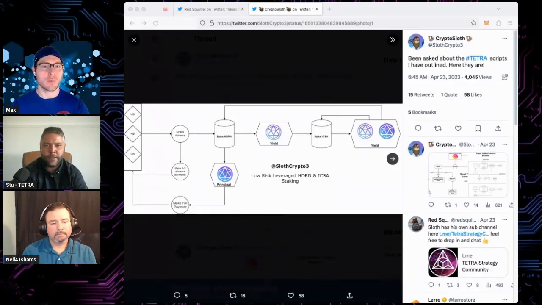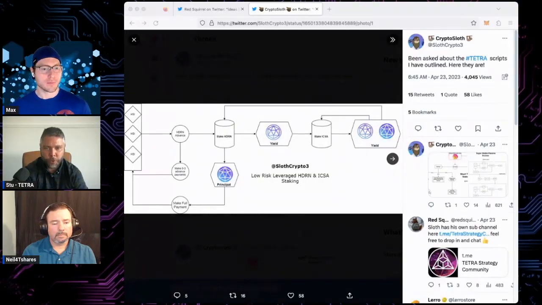And where does the yield come from? It comes from the fees that the users pay to use the protocol. So the fees are paid in stablecoin, right? Correct. And how does that process work, getting from fees paid in stablecoin to getting paid for holding or staking Tetra?